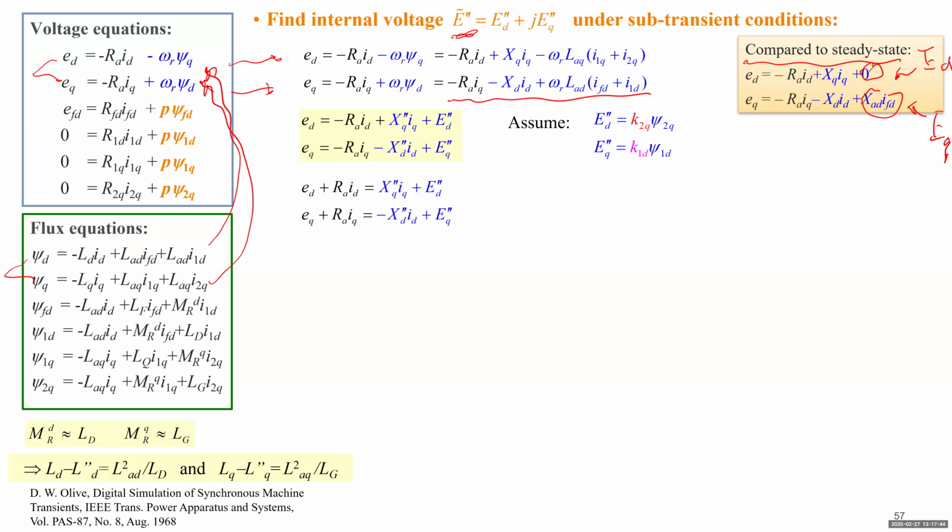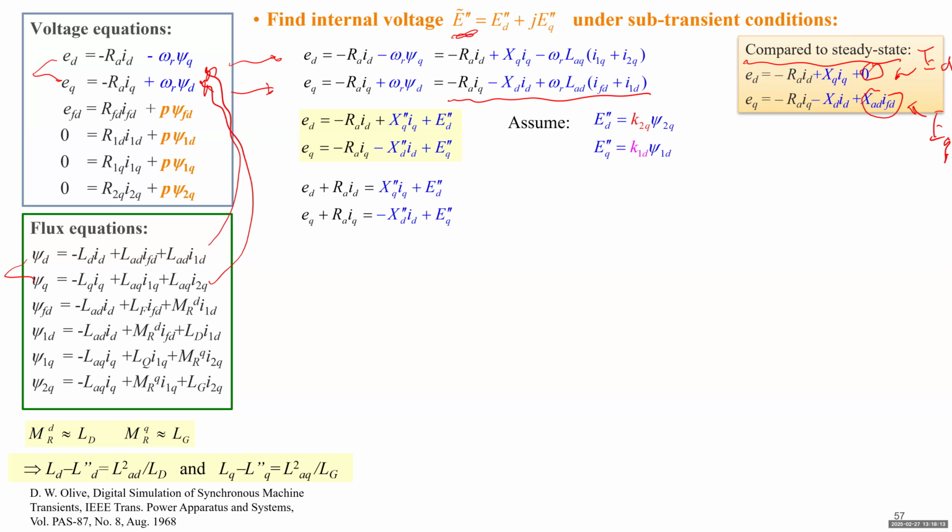Take a look at those flux linkages. First of all, this ED double prime has to be induced by a sub-transient dynamics state variable, and there are two sub-transient dynamics state variables. One is psi 1D, the other is psi 2Q. Is that clear? Psi 1D is the faster one in the D axis compared to the field flux linkage, and psi 2Q is the faster one in the Q axis compared to the first transient.